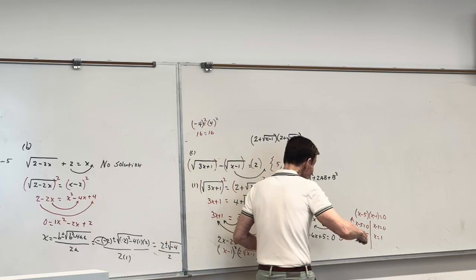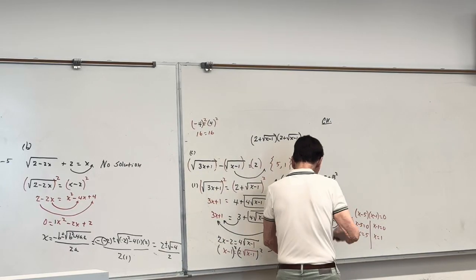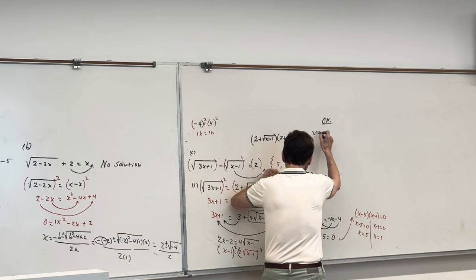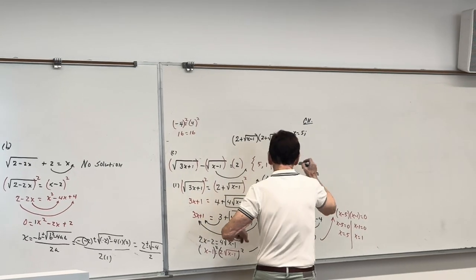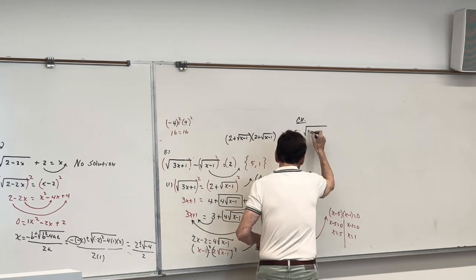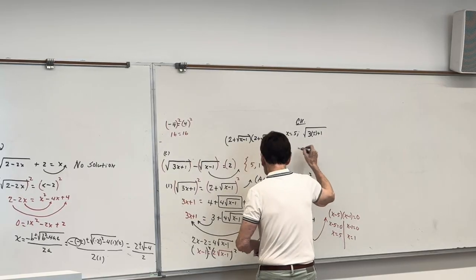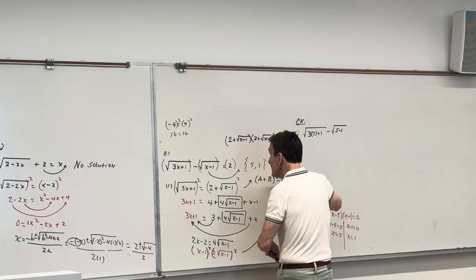Guys, let's try this. I'm going to check it. First, where am I anyway? 5. I'll put 5 into the original: square root of 3 times 5 plus 1, subtract square root of 5, subtract 1.